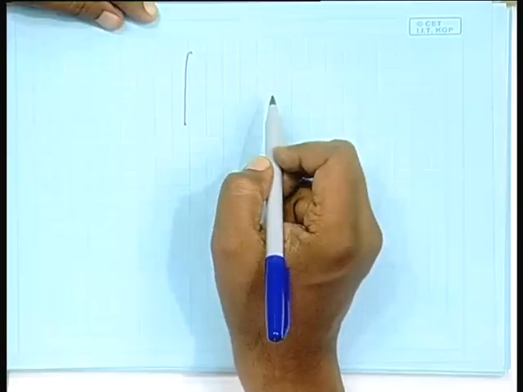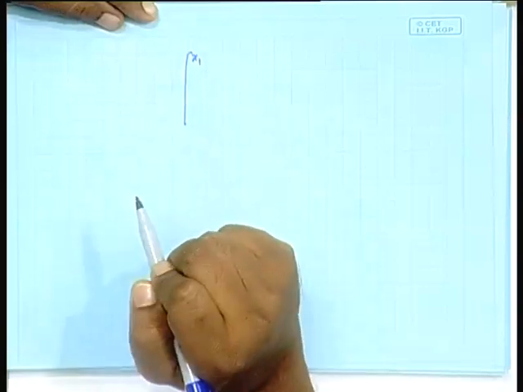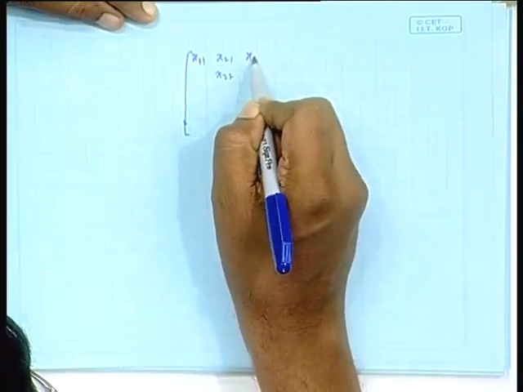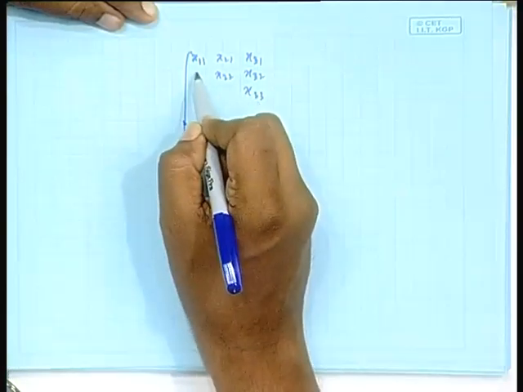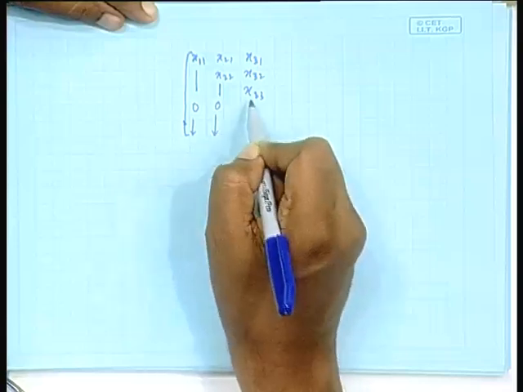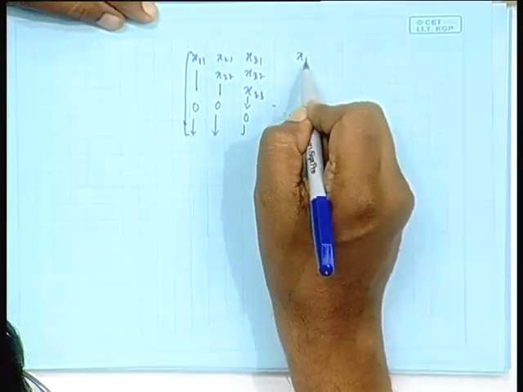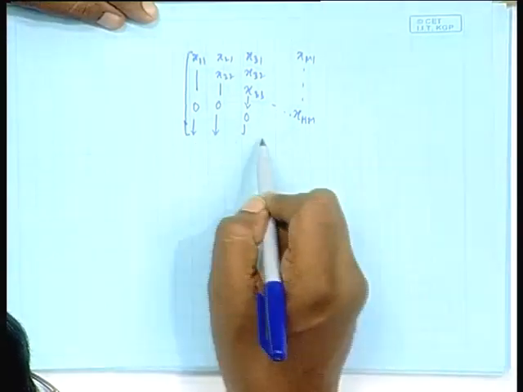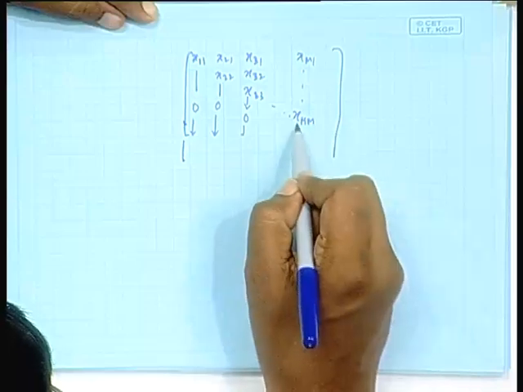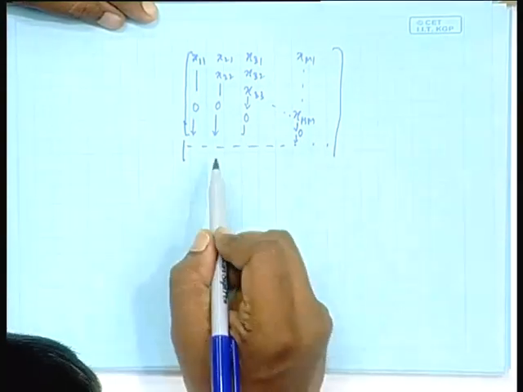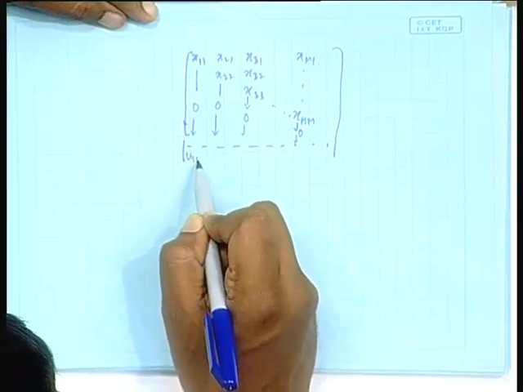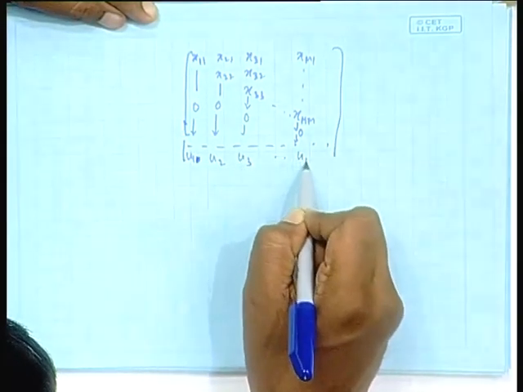Suppose you are given a general matrix like this, with entries x 1 1, then x 2 1, x 2 2, x 3 1, x 3 2, x 3 3, zeros, and so on down to x m 1 up to x m m, with zeros above. Then suppose I am appending one extra row here: u11, u1 not 1, u2, u3, up to um.